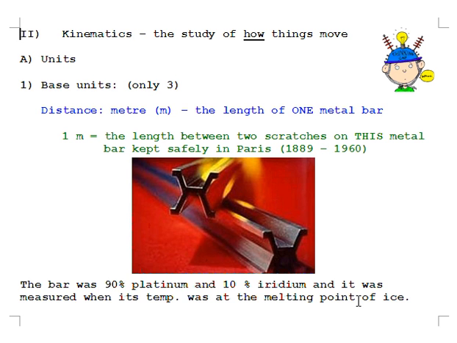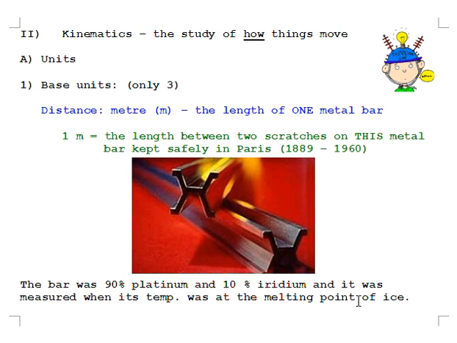And the distance between the scratch marks on those bars, when measured at the melting point of ice, which is 0 degrees Celsius, and you have to be consistent about the temperature at which you measure because metal expands and contracts when it gets hot and cold, and you don't want that to change your meter length. That definition of the meter worked until 1960, until fairly recently. So you could always take your meter stick, and if you wanted it to be really exact, you could go check it against the scratch marks on the bars in the vault in Paris.